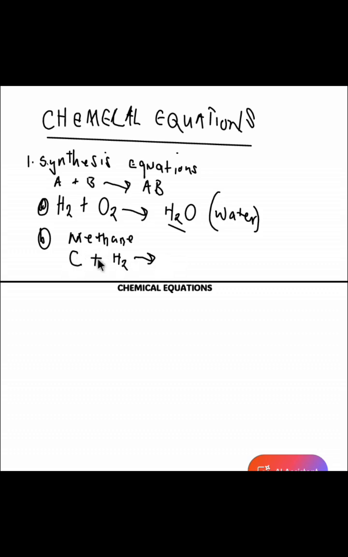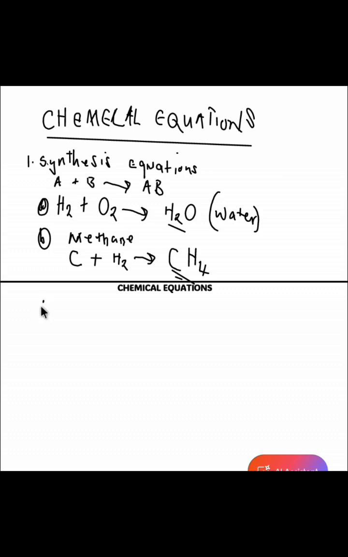You have carbon and hydrogen coming together. The 4 is the valence for carbon, and the valence for hydrogen is 1, so it's not shown here. This is how we form methane, as a simple compound.